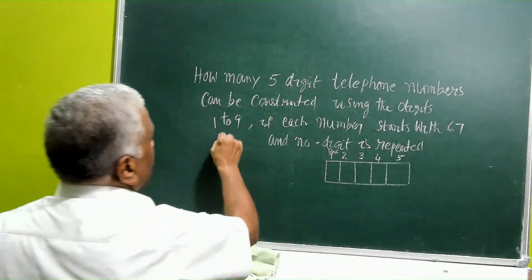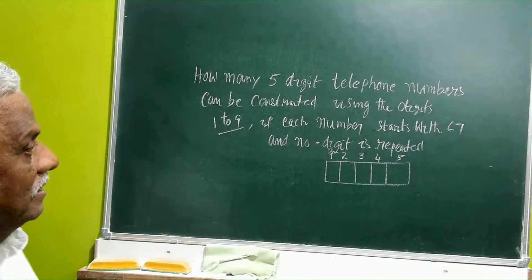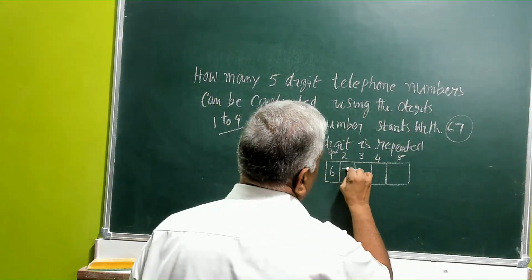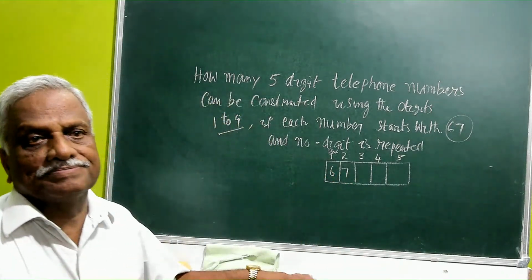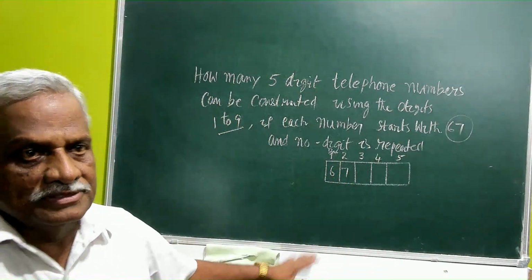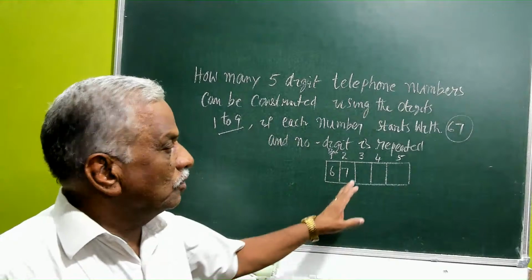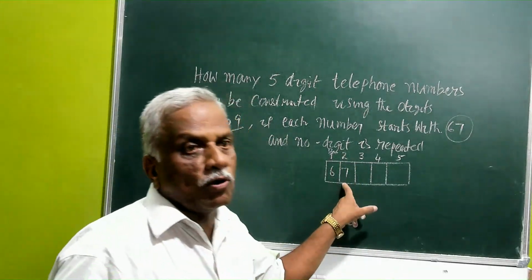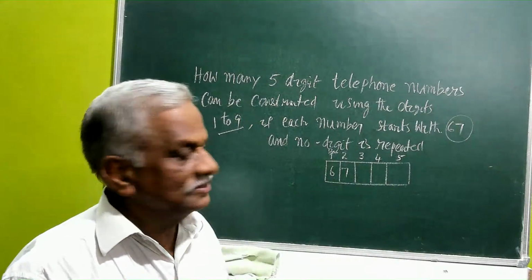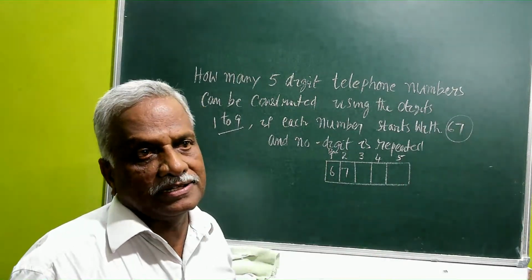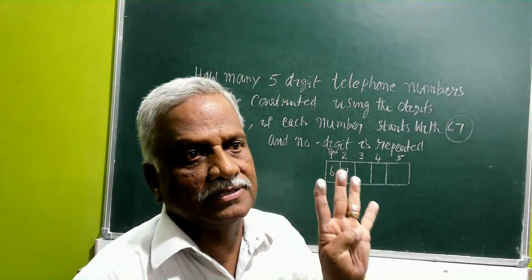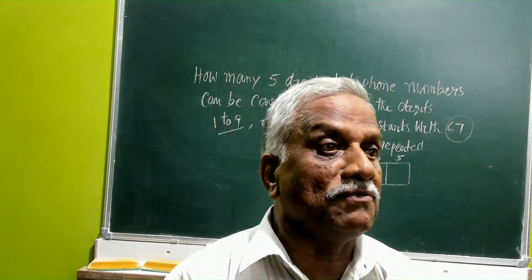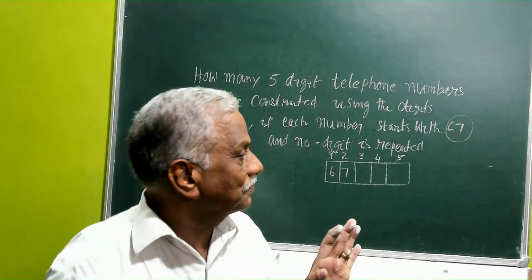You have to fill with 1 to 9, but one condition they have given: the first and second box should be 6 and 7, fixed. So, though it is filling 5 boxes, 2 boxes are already filled. Our job is to fill only 3 more boxes. So try to understand this analogy. You can work any problem if you can follow what I am explaining.